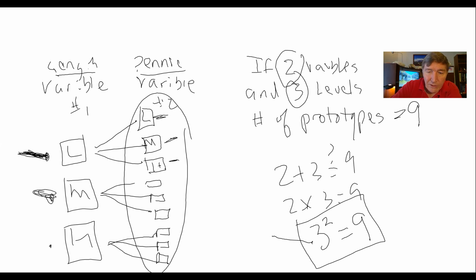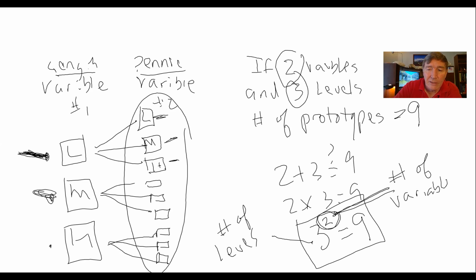We're going to take the number of levels and raise that to the power, where the power that we raise it to is the number of variables. That is the formula that will tell us how many prototypes we need: the number of levels raised to the power of the number of variables.